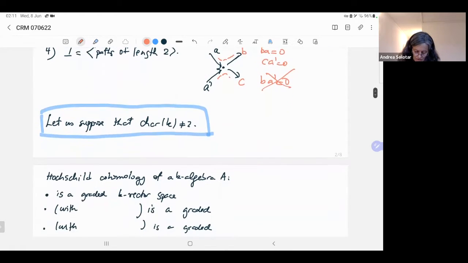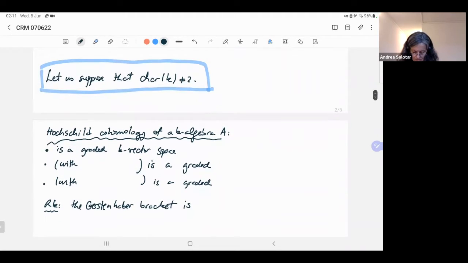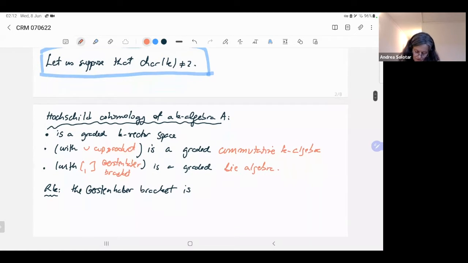So let me talk a little bit about Hochschild cohomology of a K-algebra. As I said, with the cap product it is a graded commutative K-algebra, because first of all it is a graded K-vector space. And with the Gerstenhaber bracket, it is a graded Lie algebra. We have to shift by 1.